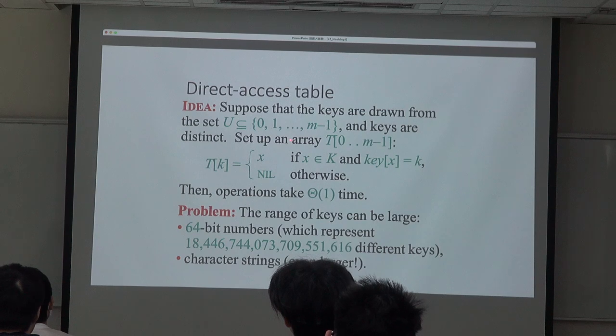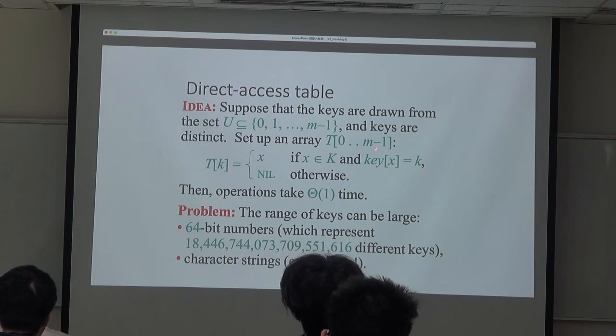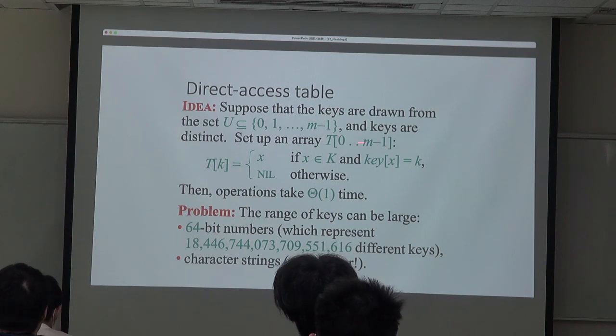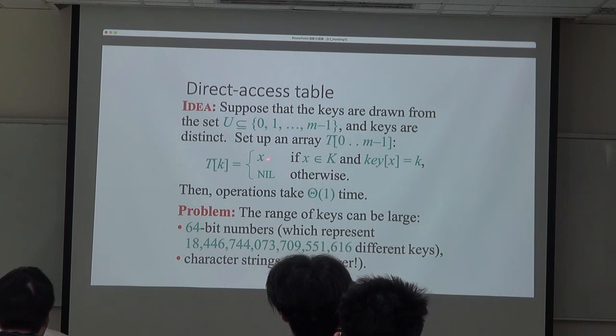So you can set up an array T from 0 to n minus 1, such that T[k] will hold the record x with key k.